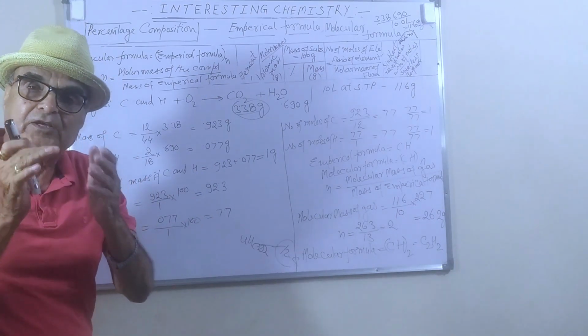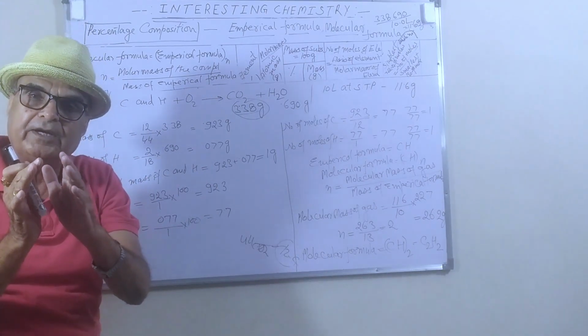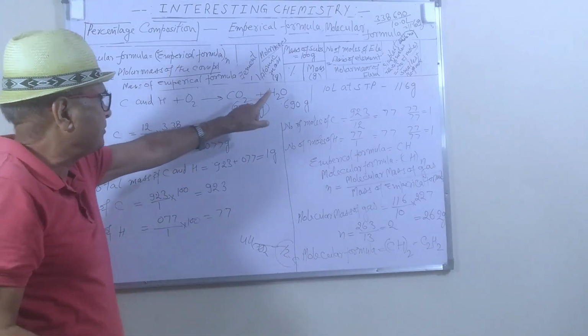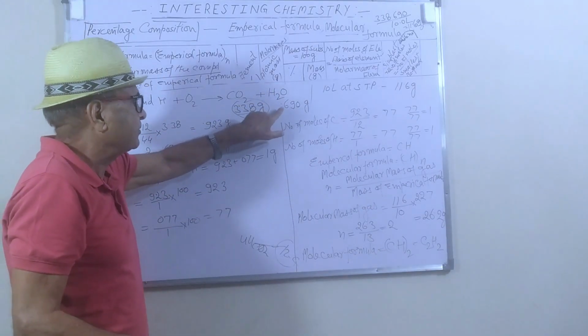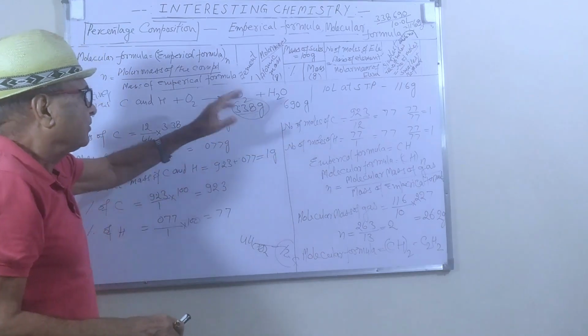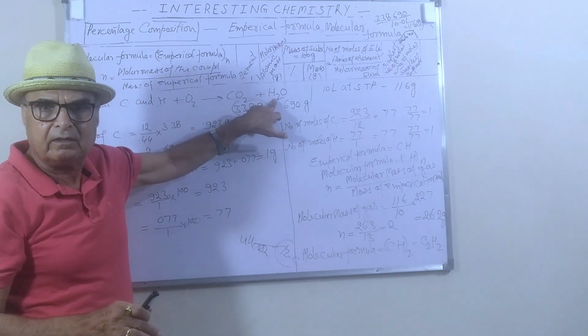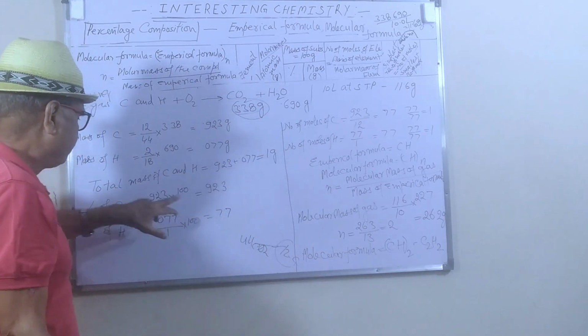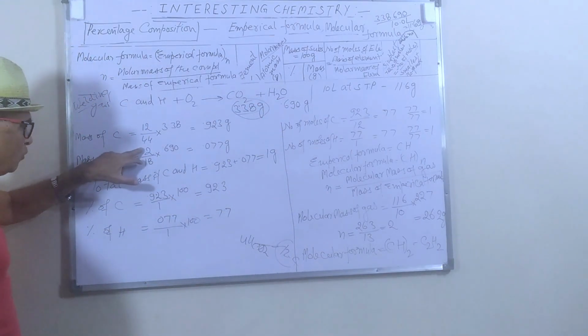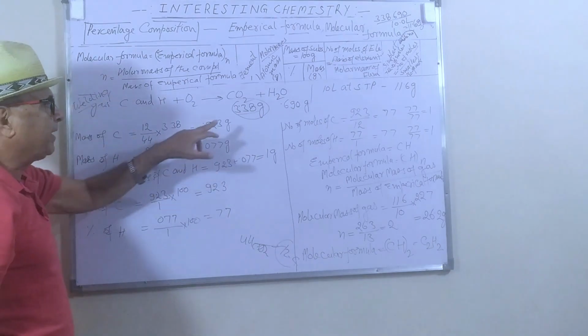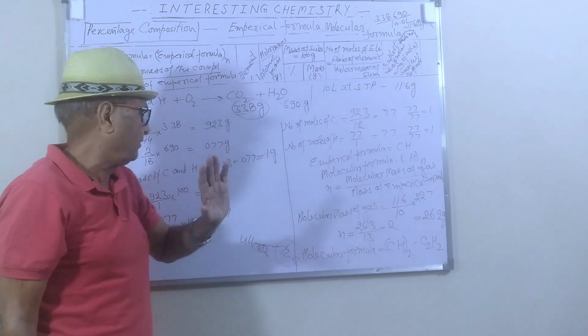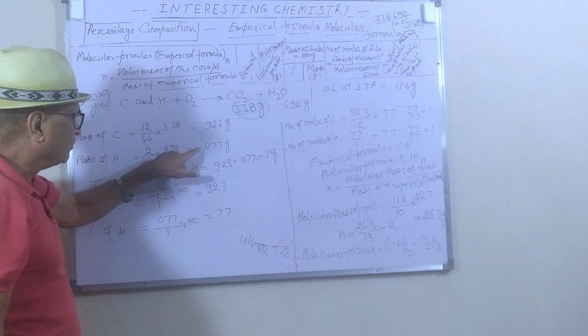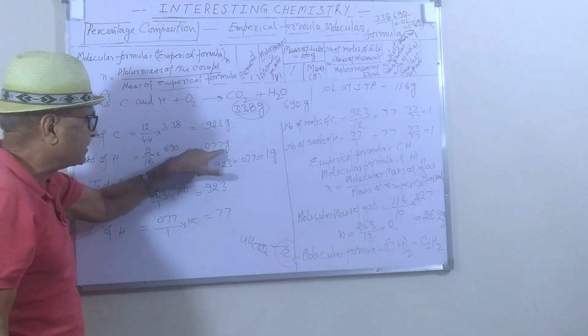And now you have to calculate the mass of hydrogen which is present in this H2O, 0.690 gram. Again, 18 gram of water contains 2 gram of hydrogen. So for 2 upon 18, and 0.690 gram, it will be 0.69 times 2 upon 18, which is equal to 0.077.